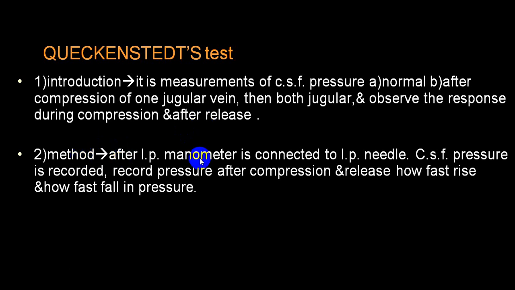Method is after doing a lumbar puncture, connect the lumbar puncture needle to a manometer and then see the record after doing a puncture, that is opening pressure, after compressing one jugular vein, compressing both jugular vein, releasing the pressure and see the changes in measurements.